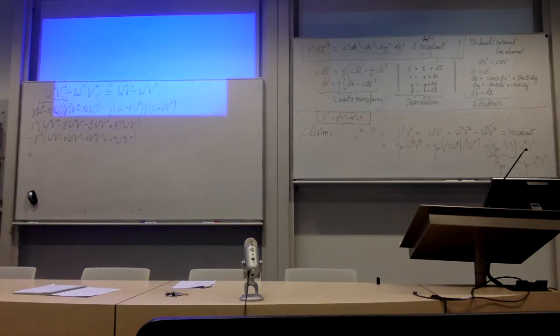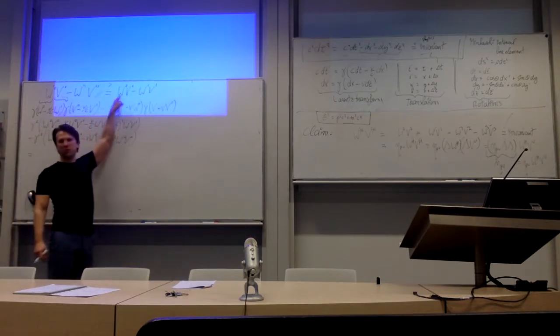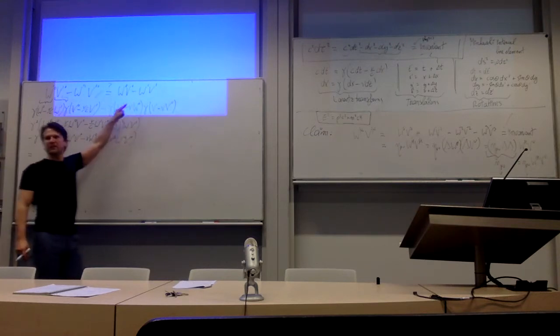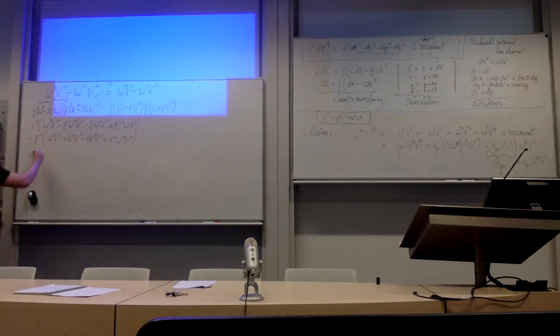I propose to collect all terms of equal products. So let's see if we can find all terms that multiply w0 times v0 from this. Which ones are they? Wait, what are you doing with your gamma squared?